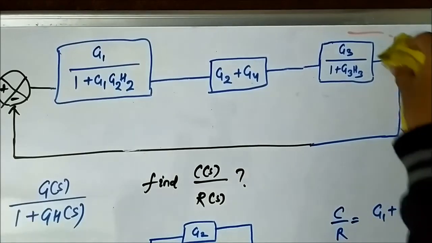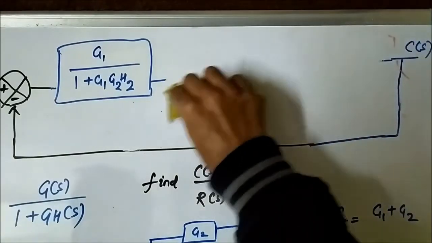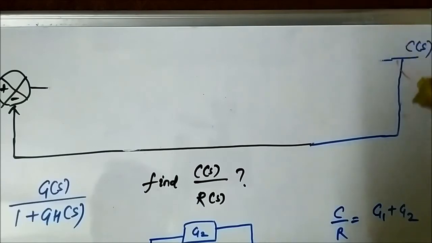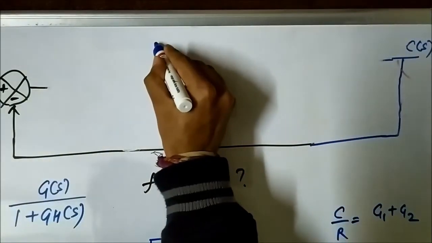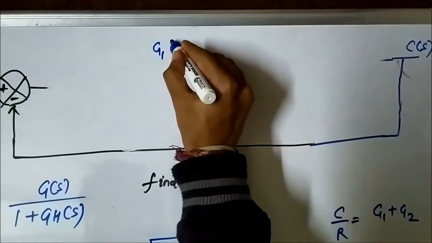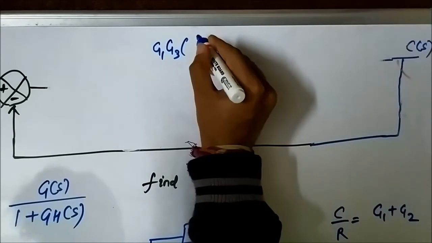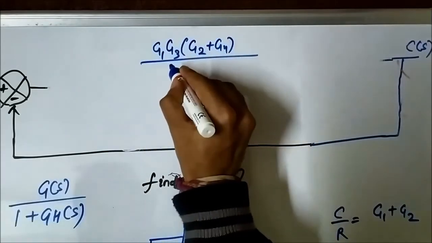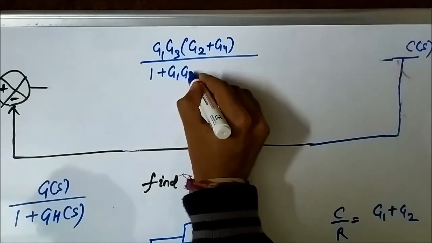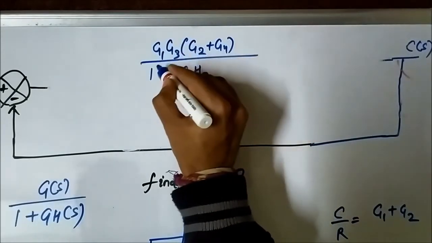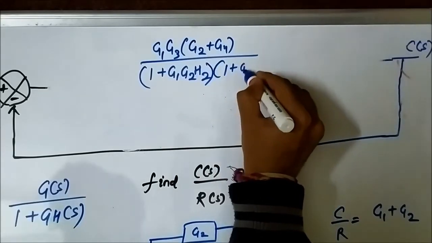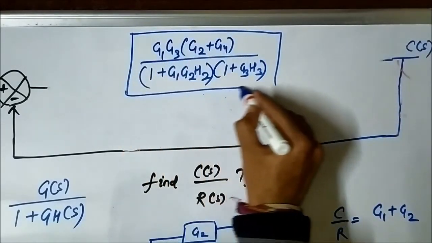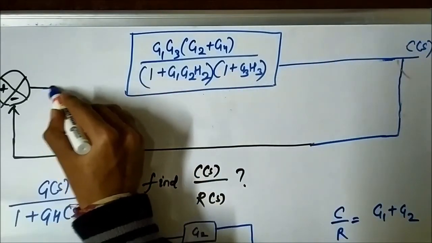So we can combine the whole thing into a single block like this: G1 G3 into G2 plus G4, by 1 plus G1 G2 H2 into 1 plus G3 H3, a single block, by multiplying the three individual blocks.